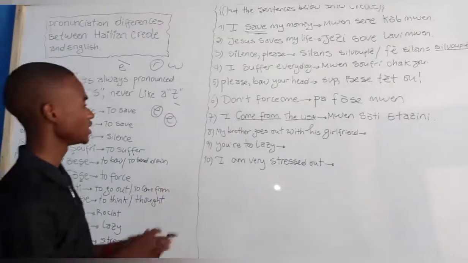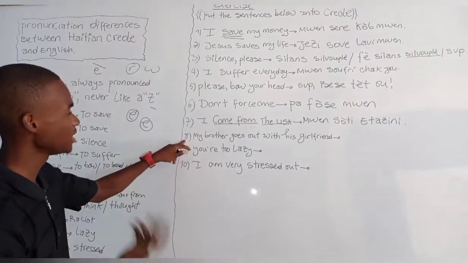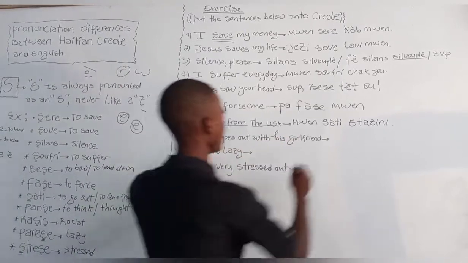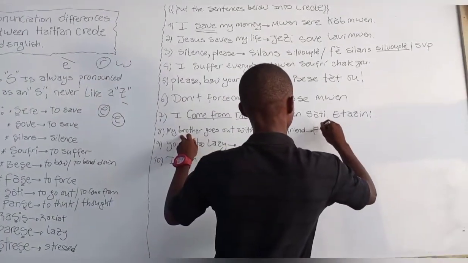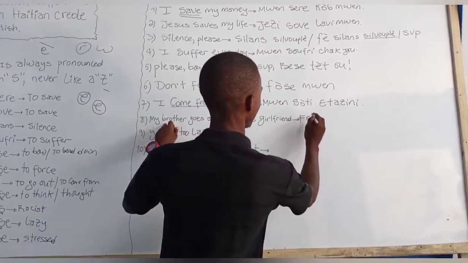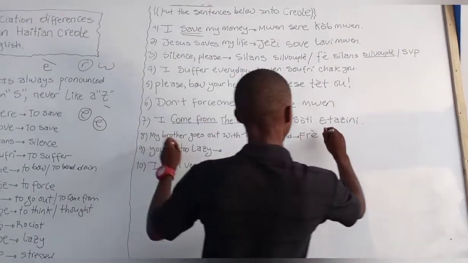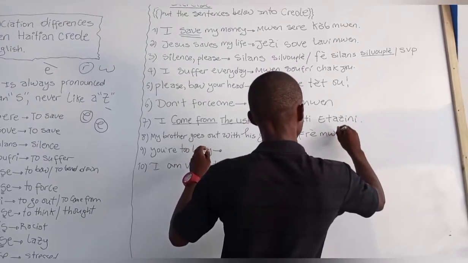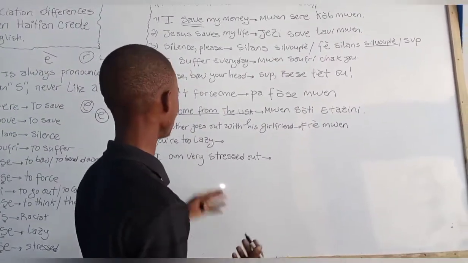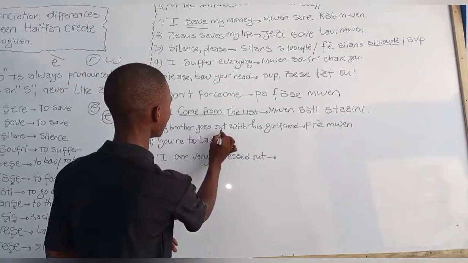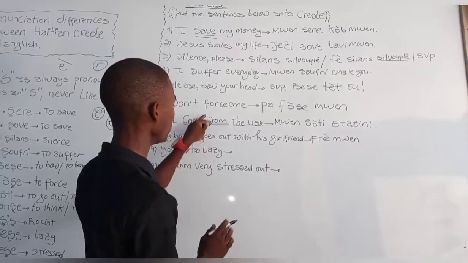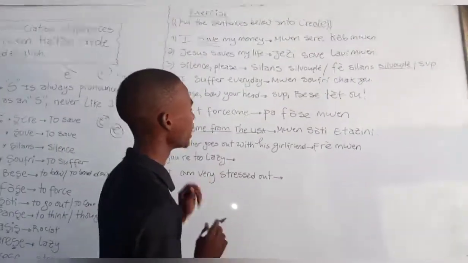Moi sorti États-Unis. The eighth sentence we have is my brother goes out with his girlfriend. My brother is frère. To have the eh sound, we put the grave accent mark. Frère, moi, alright, goes out with his girlfriend. The same verb here, go out and come from in Creole, you say sorti. We say sorti for both come from and go out, alright?